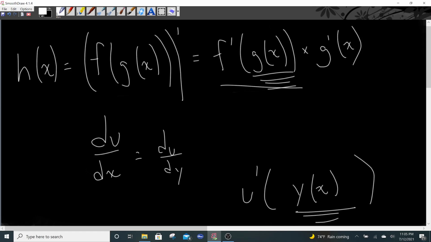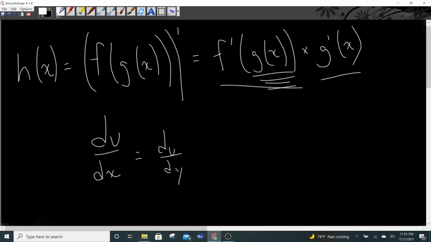It would be du dy, and then this is multiplied by g prime x, which is y prime x in our new example. So it'll just be the derivative of y with respect to x. That's nothing new. Dy dx. This is chain rule, and this is really important when we're doing implicit differentiation.